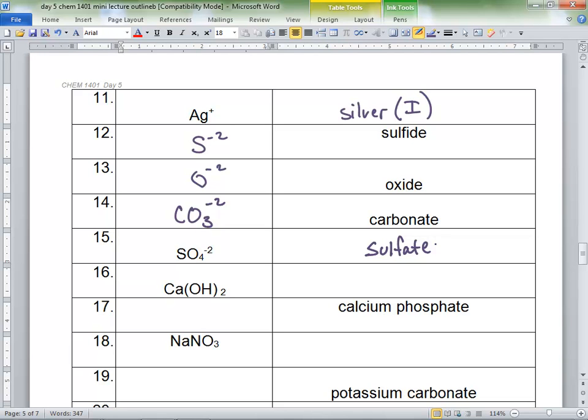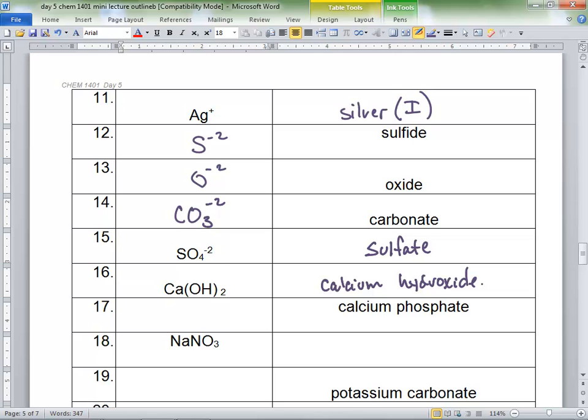Why? Because there's calcium. Exactly. You got to name the cation and then the anion. Yeah, you're just naming it. Name the cation and then name the anion, and you're done. Oh, what's Ca? Calcium. Hydroxide. Very good.